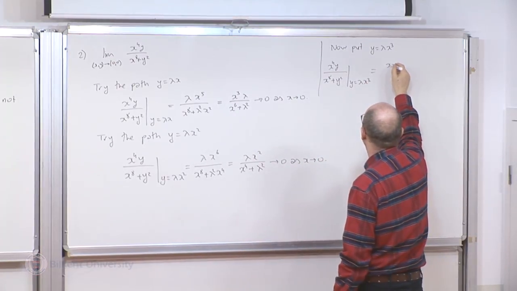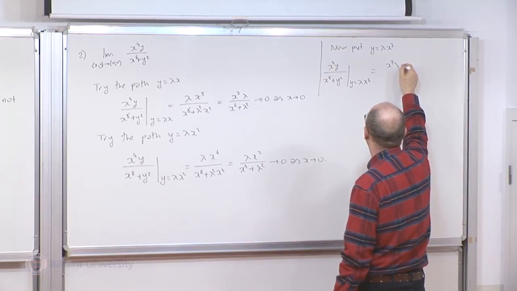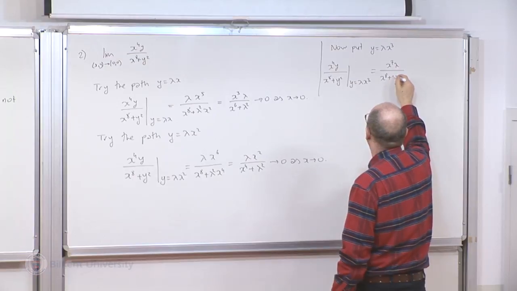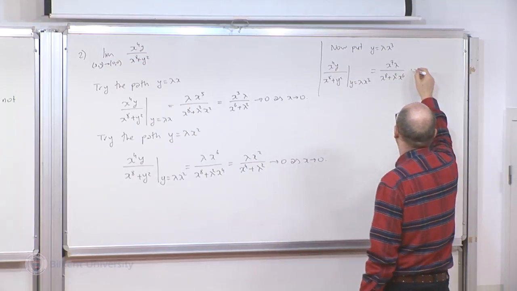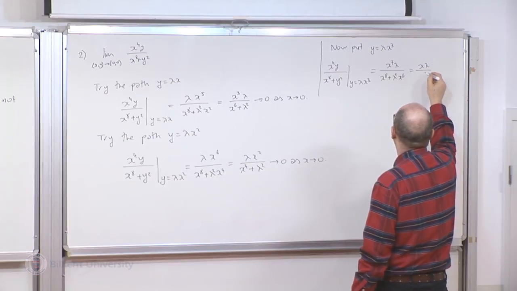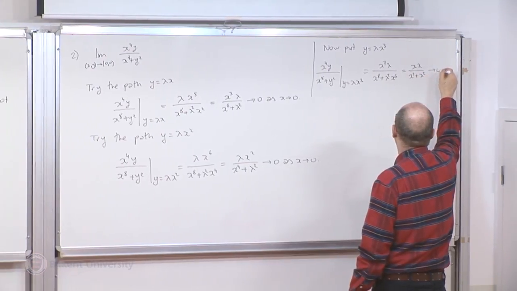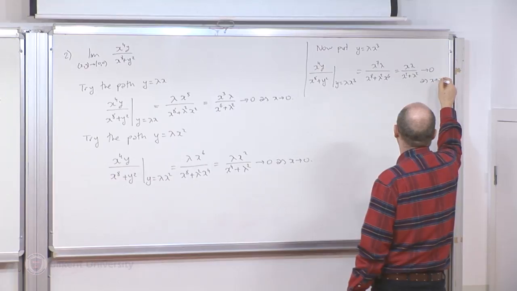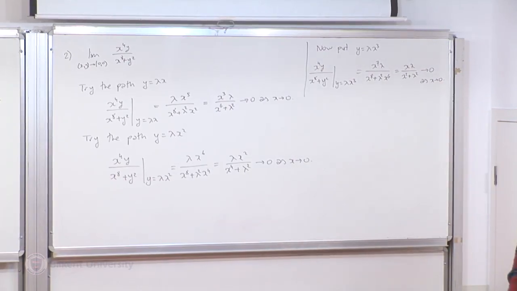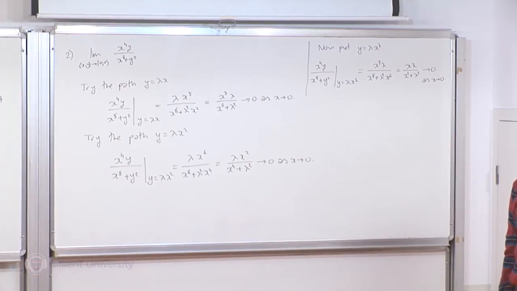So I have x to the 7 now, and I have lambda here. I have x to the 8 plus lambda squared x to the 6. So you see that this is x lambda over x squared plus lambda squared. This again goes to 0 as x goes to 0. So we found three families of paths along which the limit is 0.